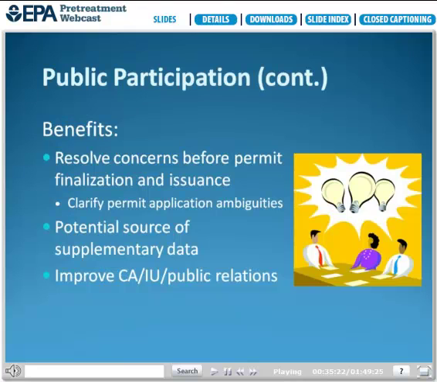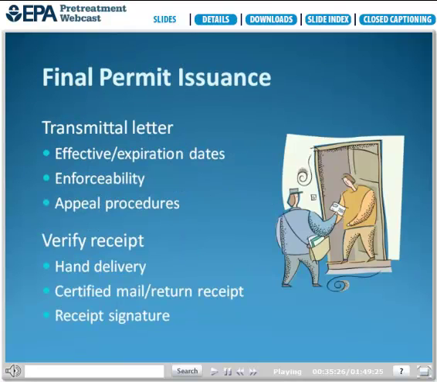After the public participation requirements, if any, are satisfied, the control authority revises the draft permit as necessary and proceeds to issue the final permit to the industrial user. A transmittal letter may accompany the permit to the industrial user, and it might summarize the contents or highlight changes from the previous permit.